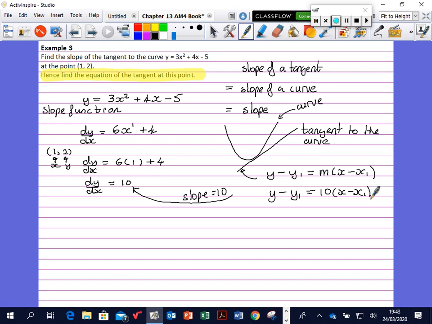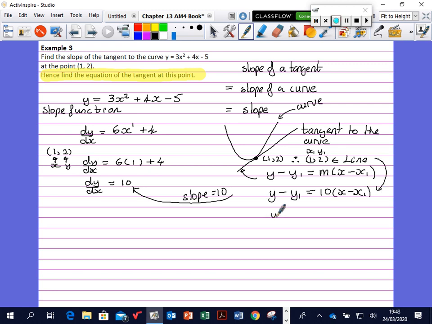What else do we know? We know that the tangent touches the curve at the point 1, 2. Therefore, we know that 1, 2 belongs to our line. So therefore, we can now label that x1 and y1 and substitute it into the equation below.